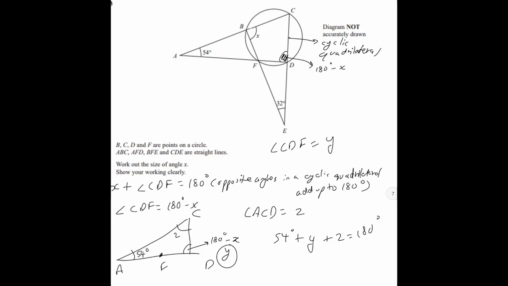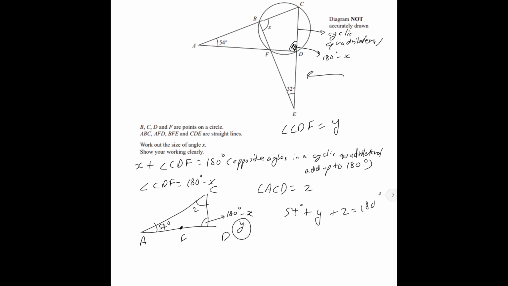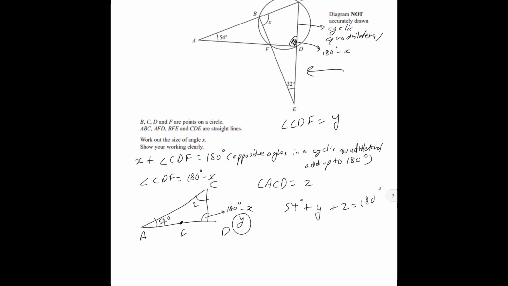Now your next portion should be understanding how this question works. We have to use this triangle as well and find a correlation for that triangle. We have been given 32 degrees as well, so CBE is given.